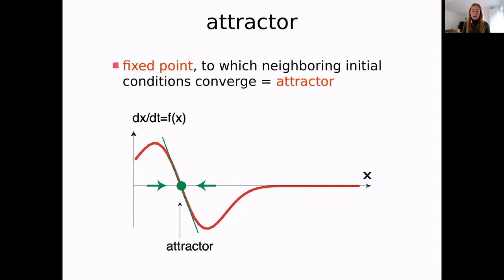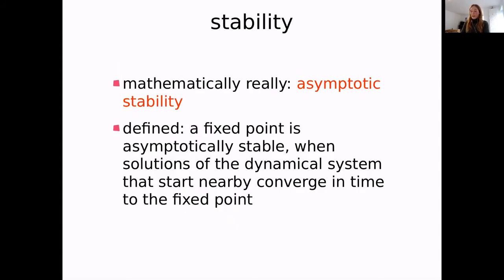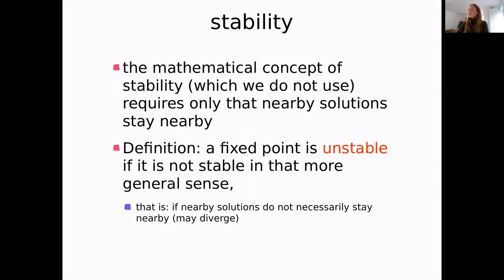At some point in time, you are going to be in this fixed point, because all forces in your system are driving your state to the fixed point. But this is not necessarily true for all dynamical systems, and especially not for nonlinear systems. Okay, so this is what the mathematicians mean by asymptotically stable. Yes, this is what I already said. So only the nearby solutions stay nearby.